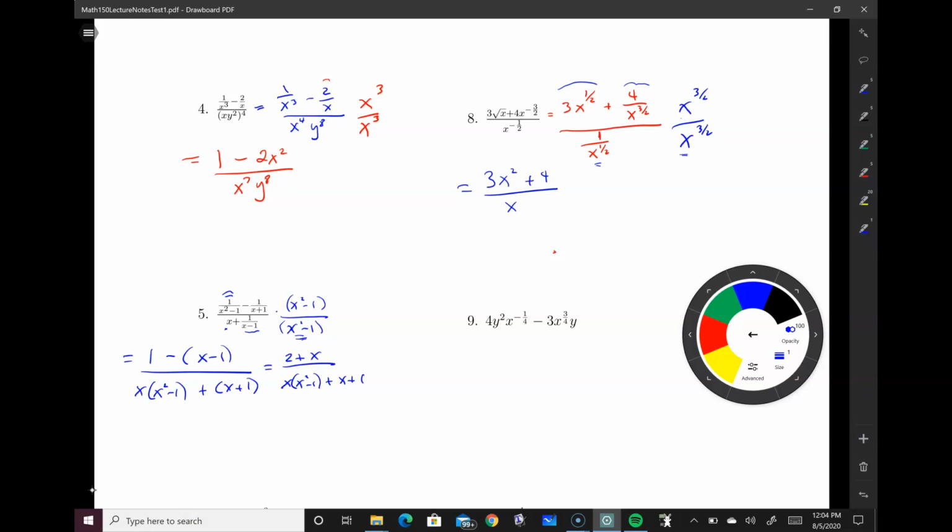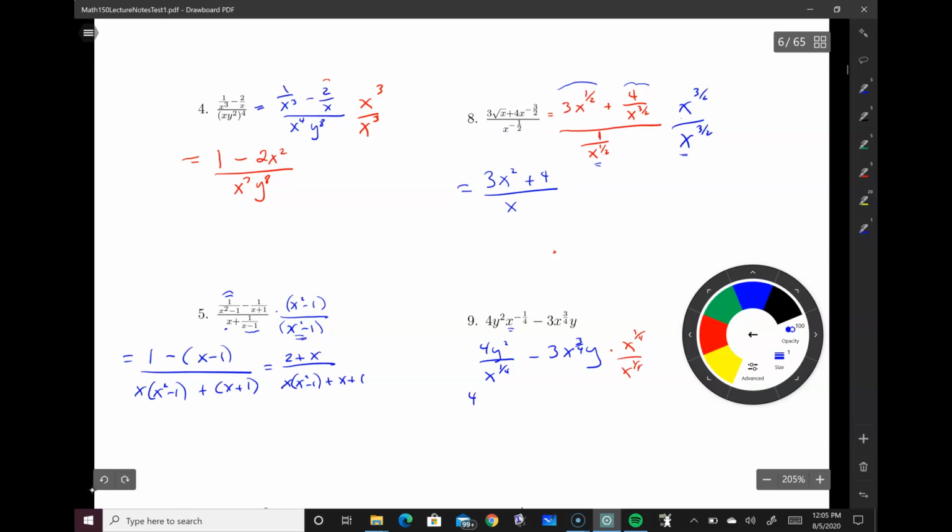All right, here I see this has got some negative exponents, so 4y squared, and I'll put that in the denominator as x to the 1/4, x to the 3/4, and then times a y. So they wanted me to put it together. So if I want to make common denominators, I need to multiply this top and bottom by x to the 1/4.